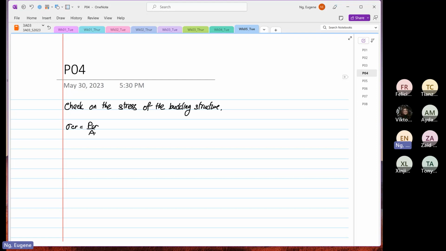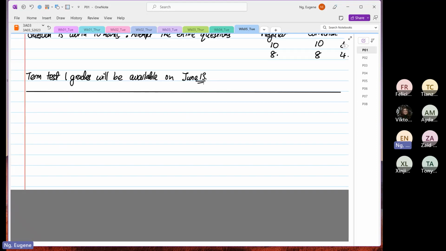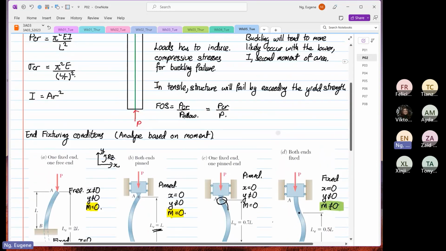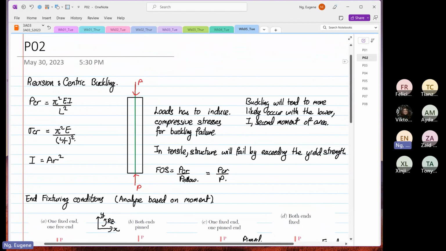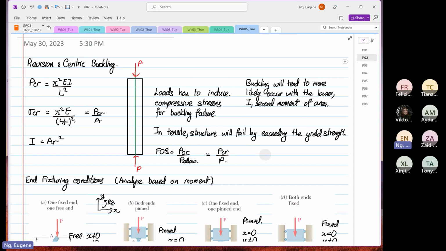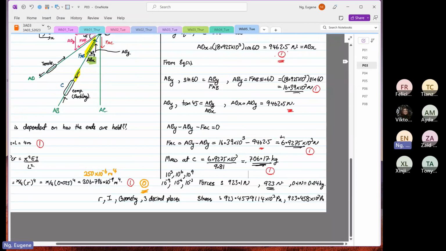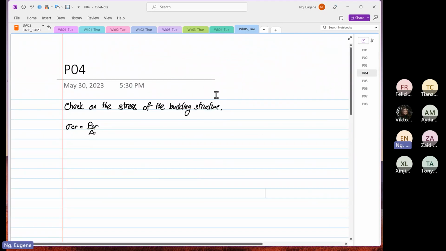Now, did we have this in our formula sheet? On our summary sheet, we realize we did not have it. I mean, we partially have this. So you also have to write here that this is equal to P critical divided by area. And then you put another point that I've just written, that you always do a check on stress of the buckling structure.